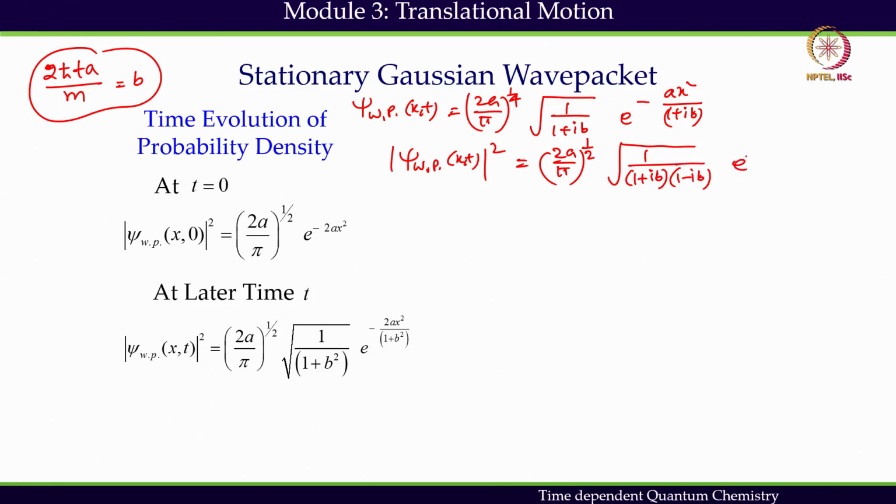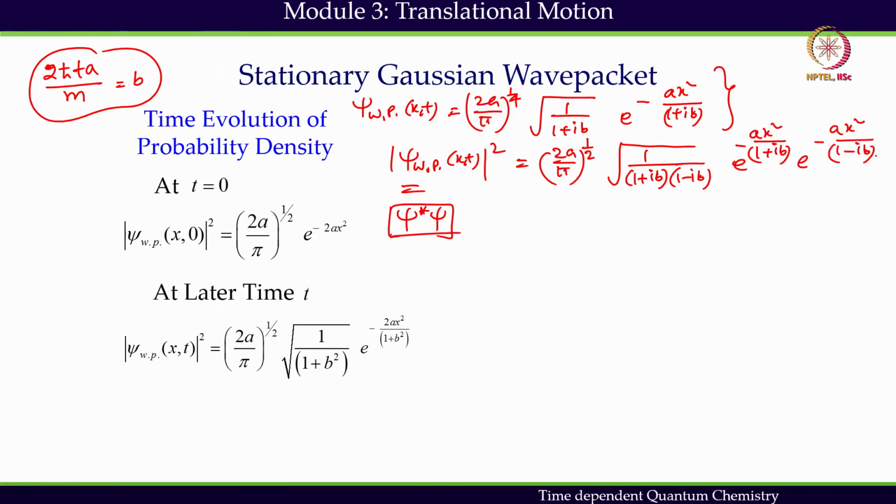So, this is nothing but psi star psi. So, we have to multiply by its complex conjugate. So, we can find out the complex conjugate form of this expression, and then multiply with its own. So, this is going to be e to the power minus a x square by 1 plus i b into e to the power minus a x square by 1 minus i b.